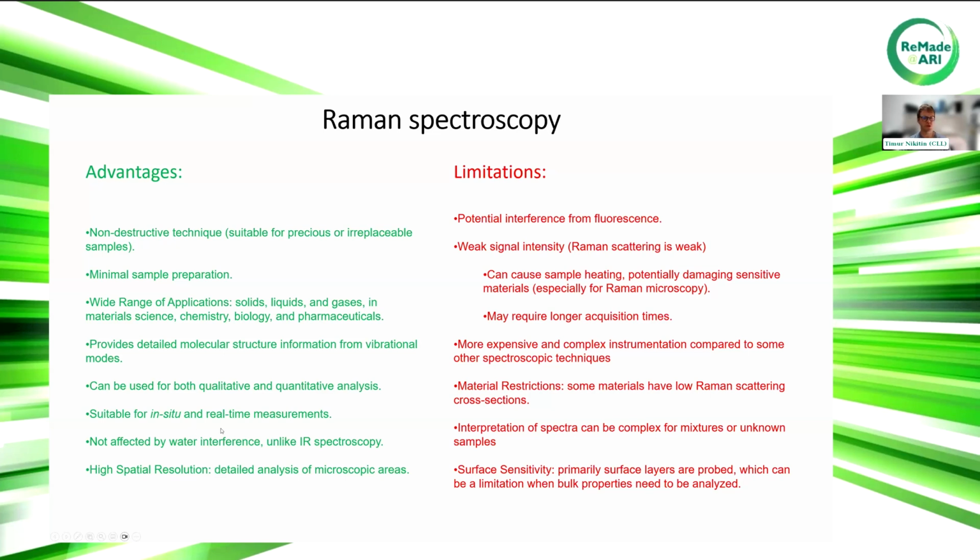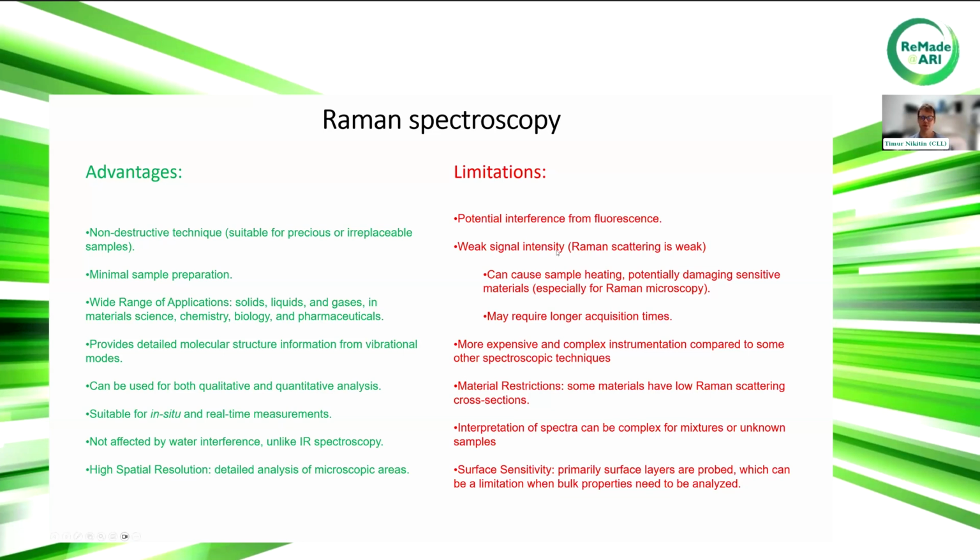We can also do in situ, real-time measurements. Another important advantage is that it's not affected by water interference. We can study water solutions, unlike infrared spectroscopy. And we have high spatial resolution if we are using Raman microscopes, so we can study heterogeneous samples.